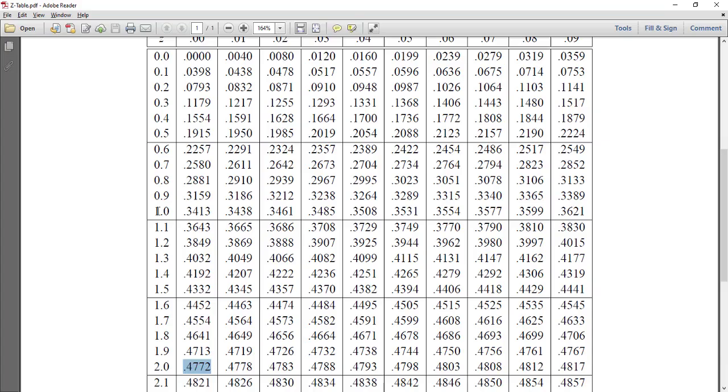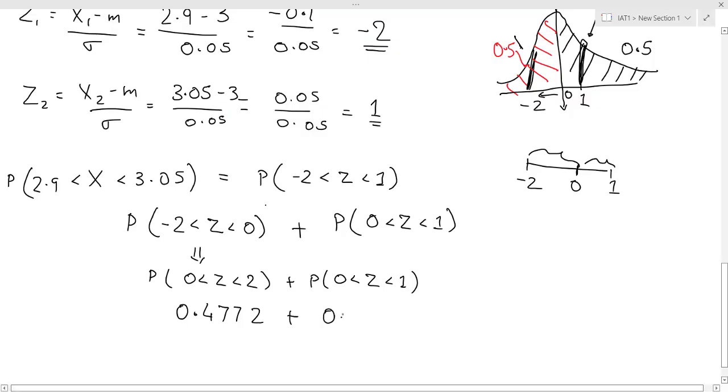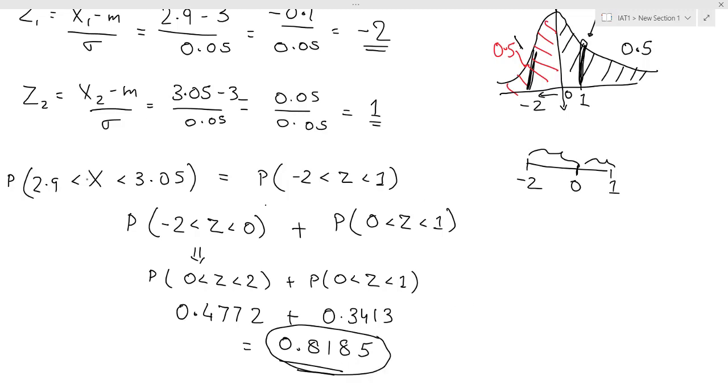Over here we have 1. The area is 0.3413. So what is the total area? The total is 0.8185. So this is going to be the probability of finding a can diameter between 2.9 and 3.05 centimeter.